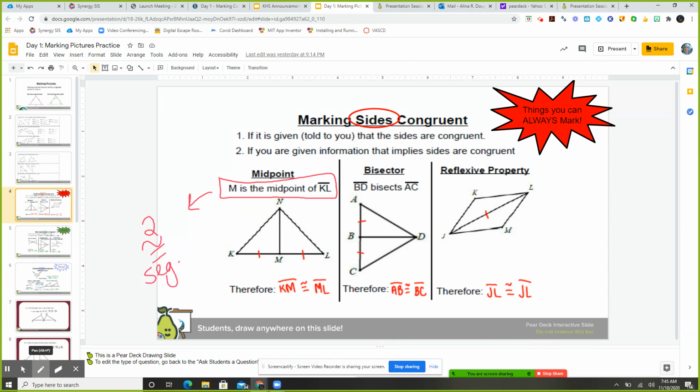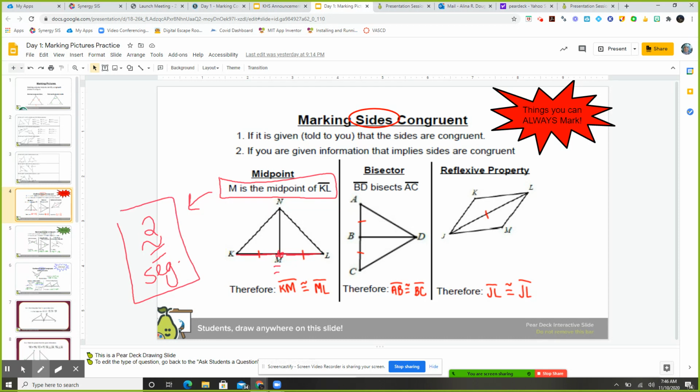If I tell you M is the midpoint of KL, then KM is exactly the same size as ML, because M is the midpoint. It's exactly in the middle. It just makes sense, right? So write on this slide whatever information you need to make sure you understand that. If M is the midpoint, the result is two equal segments.